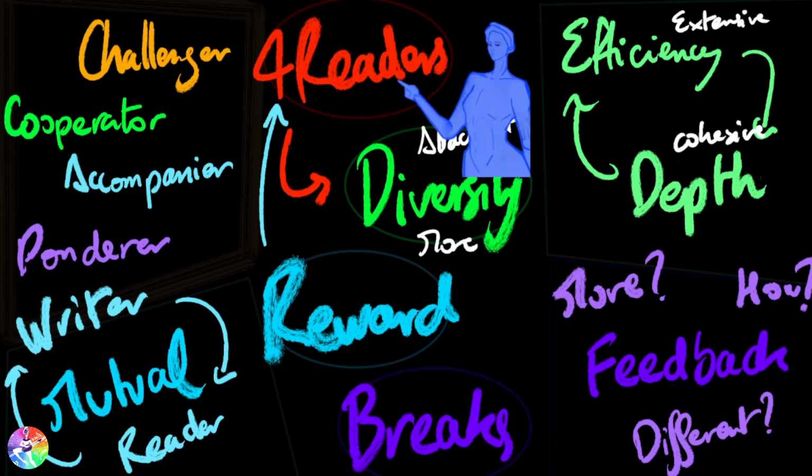You want to find 4 readers. These 4 readers will correspond to your 4 characters. They will attach themselves to your 4 characters. And just as a last note, the challenger will not always relate directly to the rival. The cooperator will not always relate directly to the enticer.